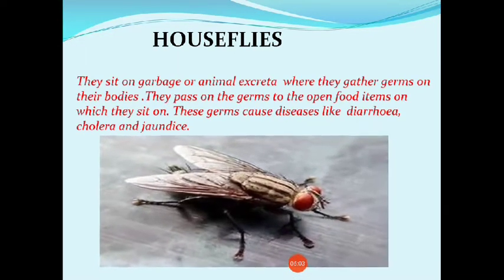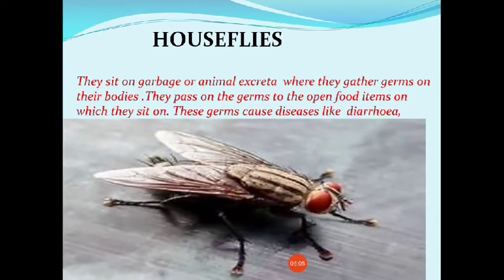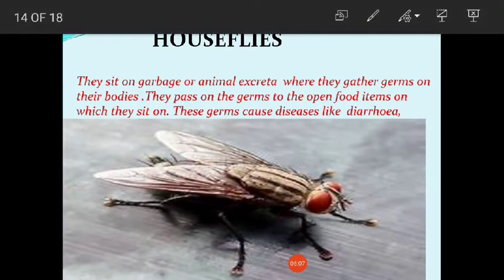Let us see how some of the insects spread diseases. First, the common housefly, which we find in our houses. Actually, when these houseflies sit on garbage or animal excreta or waste, they gather the germs of diseases on their legs or wings, and when they go and sit on food items, open or cut food items, they leave the germs of diseases there itself.